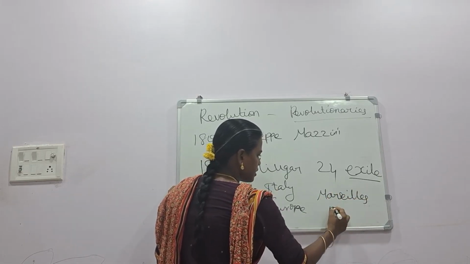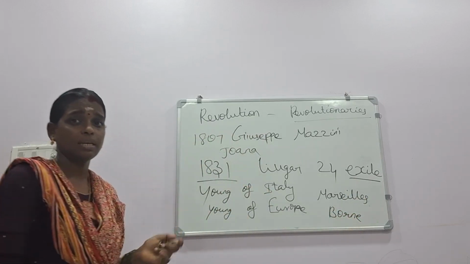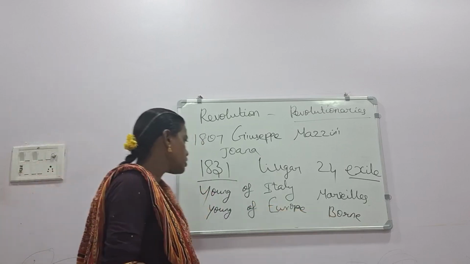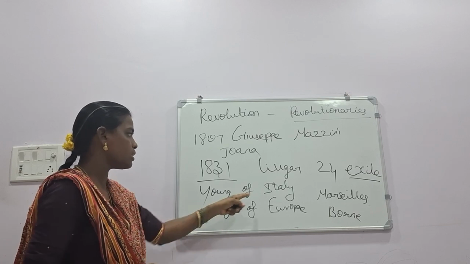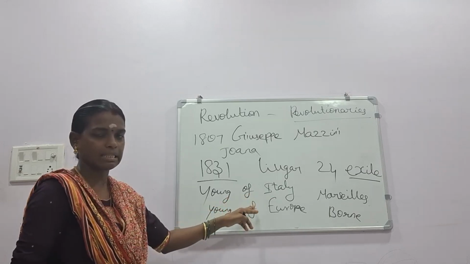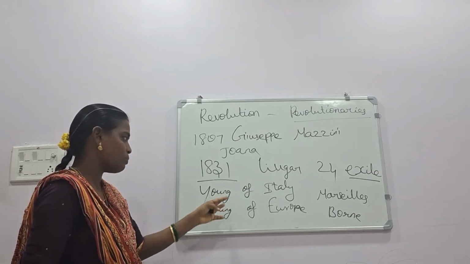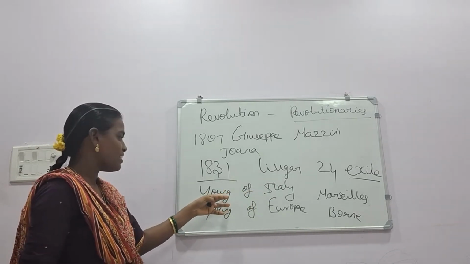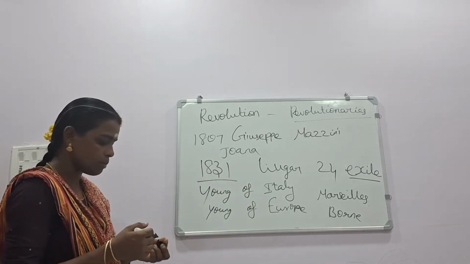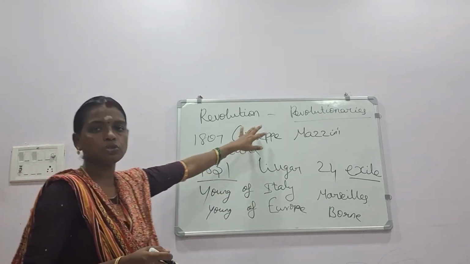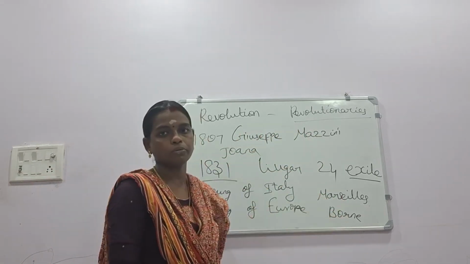Another one was started at the base of Bonn, not B-O-N-E, Bonn, B-O-R-N-E. So he started two secret agencies, Young Italy and Young Europe. These two organizations were started by Joseph Mazzini. One was set up at Marseille, another one was set up at Bonn.